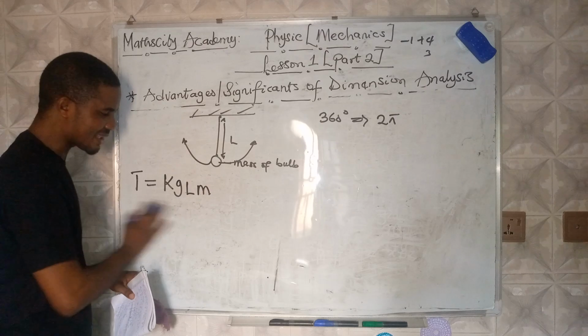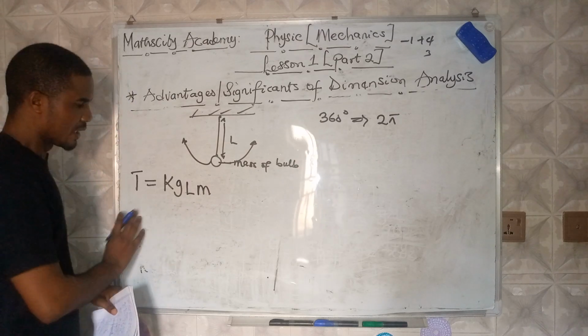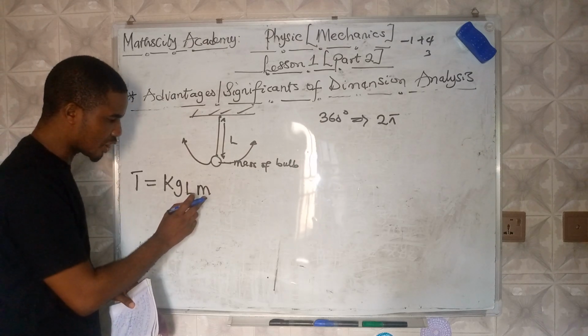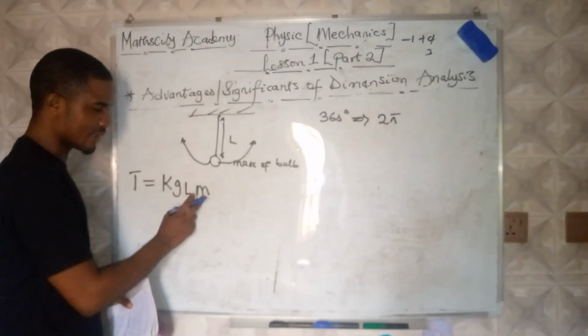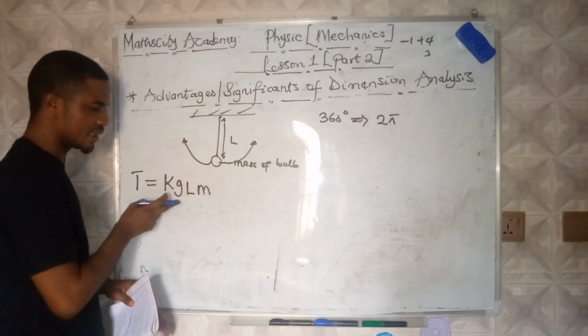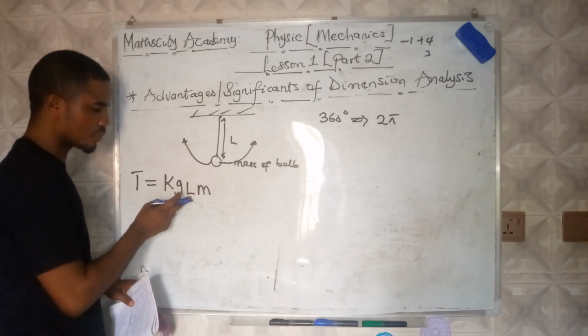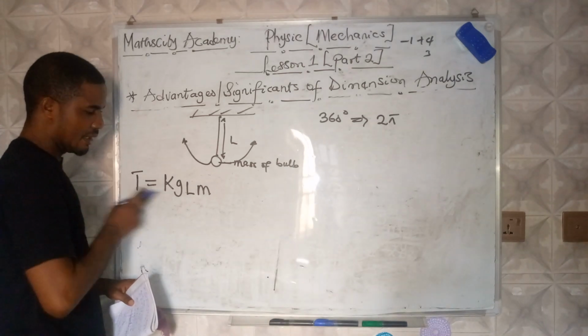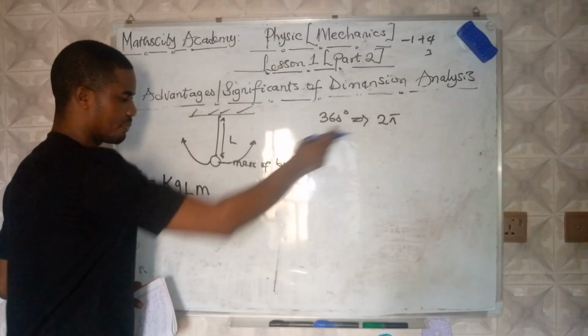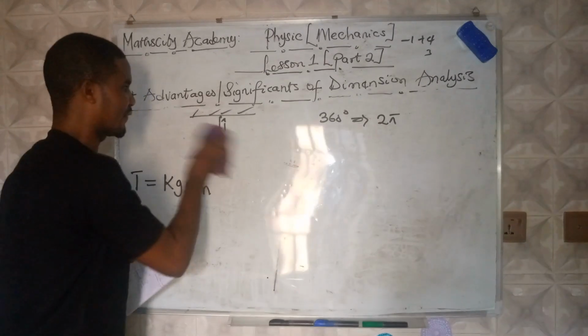These are the parameters that are very important. Now, I will try to get the relationship between M, L, and G. And once I get the relationship between M, L, and G, it will give me the formula for this T. Though I know that my K is 2 pi. So let's see for that.